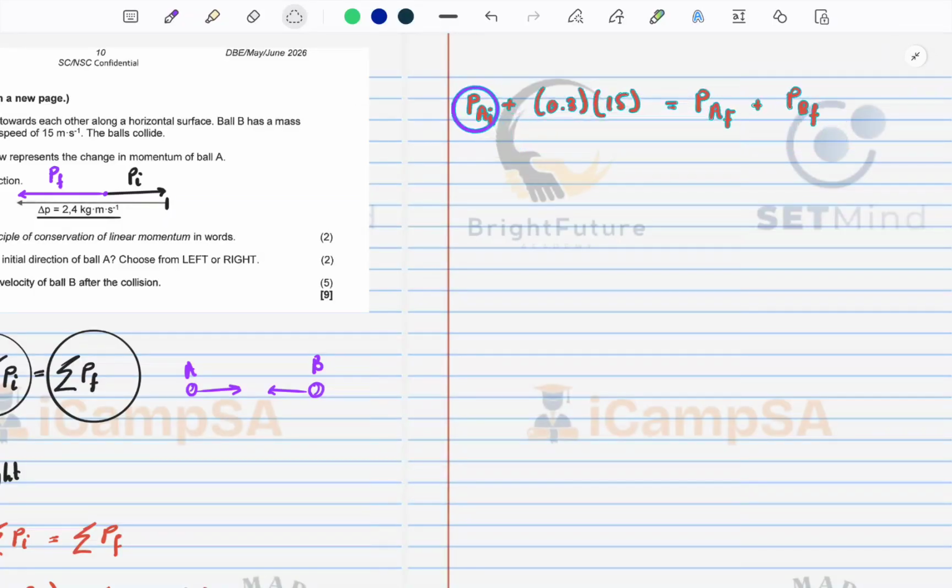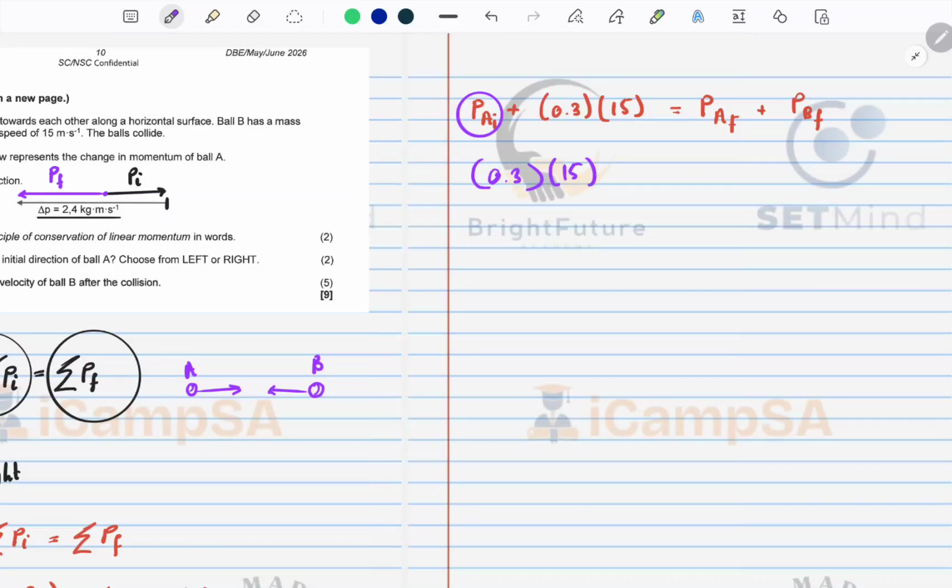So we can say 0.3 times 15 is equal to your PAF minus your PAI. Already we can see that this is the change in momentum, then plus your PBF.